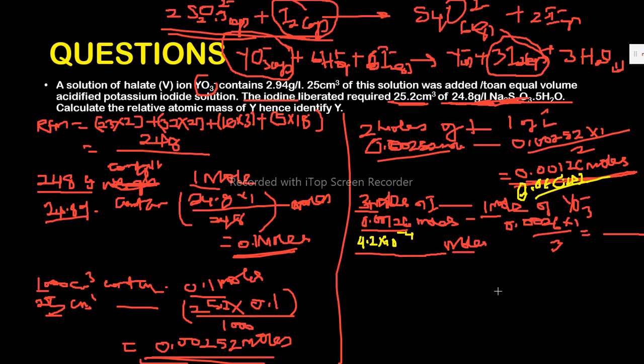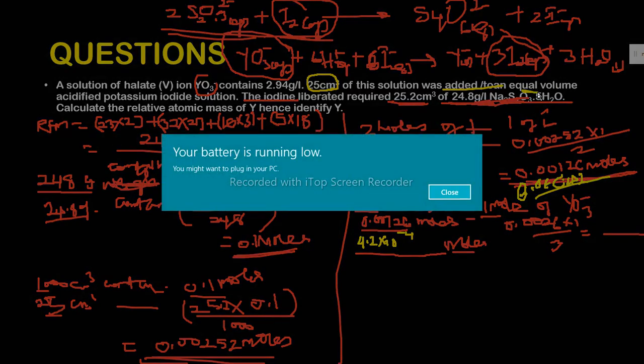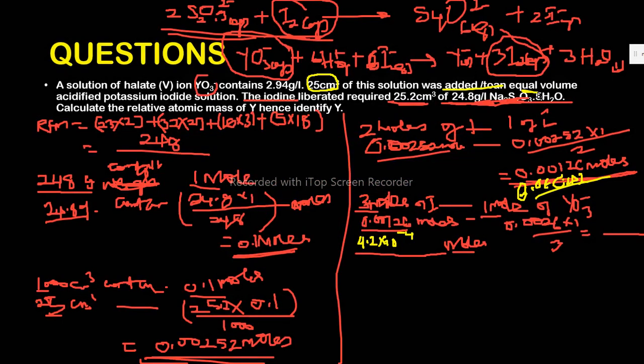But the iodate is in how much? You see, where? 25 of this iodate solution. It is the one that was added to an equal volume of iodine. But iodine, sorry, the iodate ions are in excess.